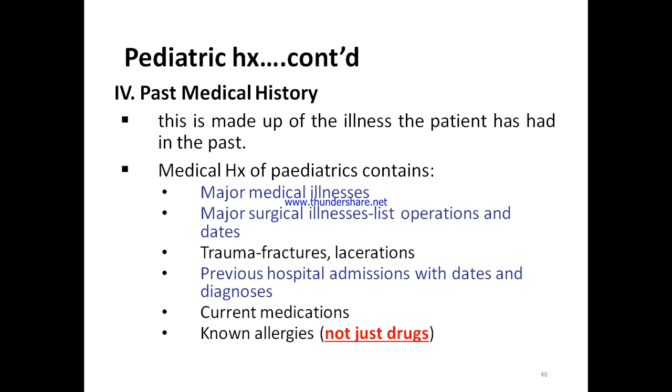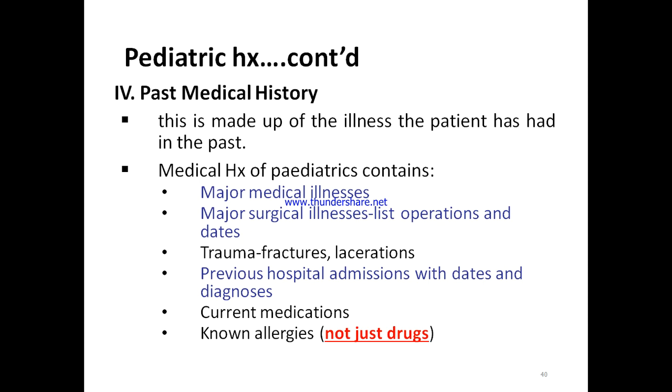And the other part of pediatric history is past medical history. It's made up of the illnesses the patient has had in the past, and the medical history of pediatrics contains major medical illnesses.